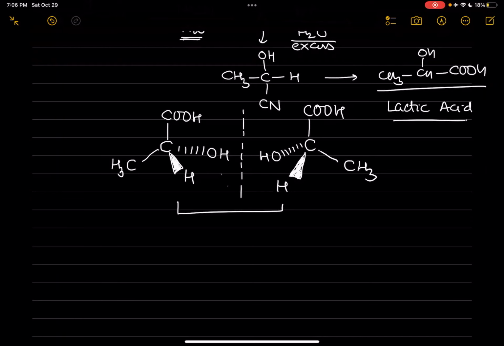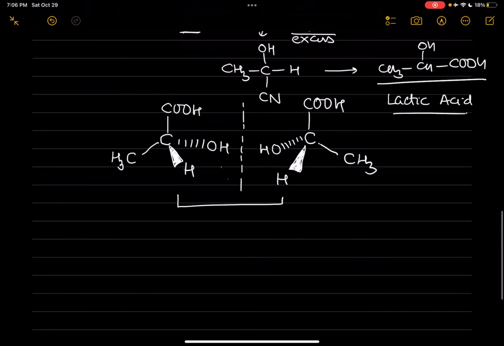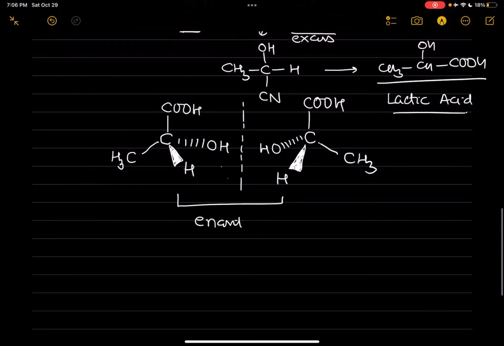These are enantiomers. They are stereoisomers, but stereoisomers is a very huge term. So they are enantiomers. What are enantiomers?